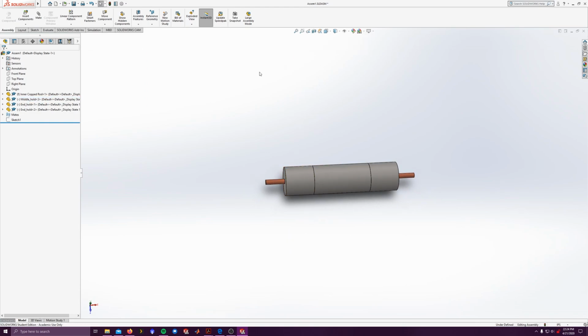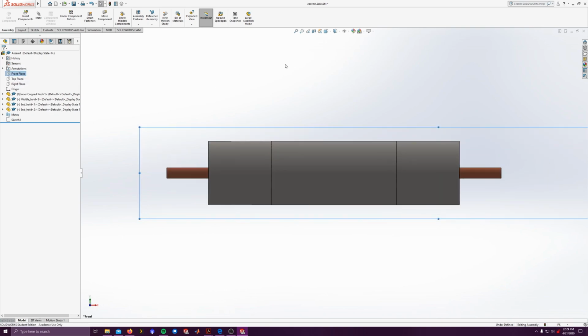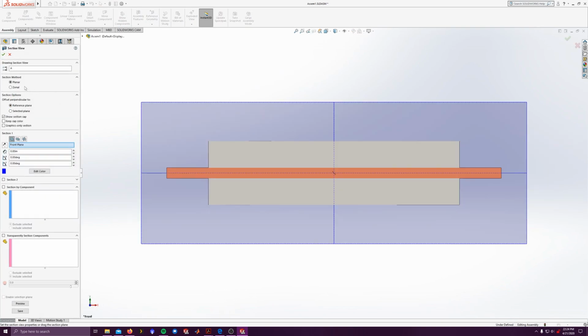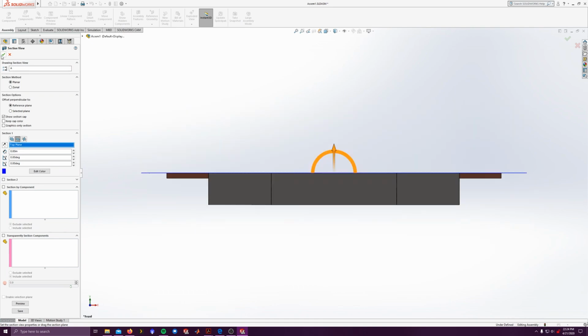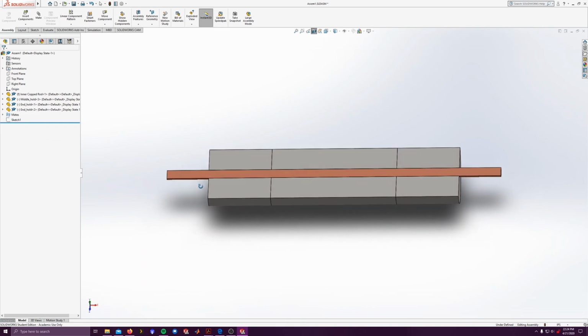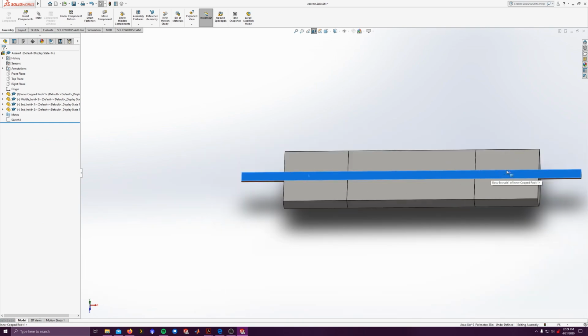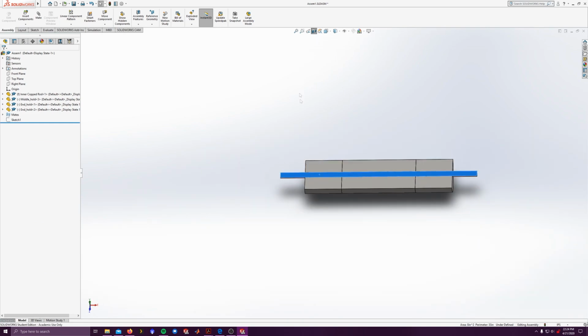So if we do a section view, first I'll go to the front plane. Okay, so I'm going to do a section cut here, and we'll do this on the top plane. Okay, so the bearing surface here is going to be this area that's highlighted right here. This is going to be the shared area. You would really take off these end pieces right here, so pretend that the highlighted portion is just all of this right here.